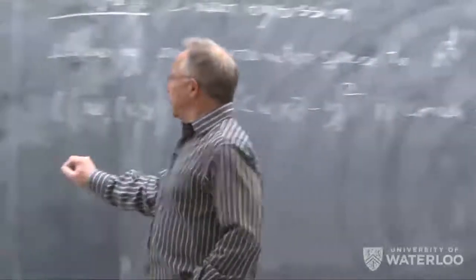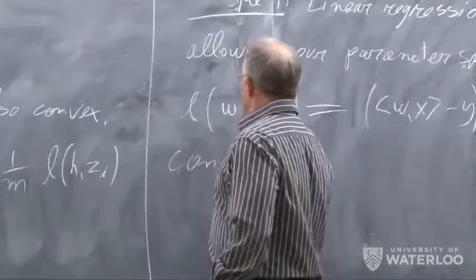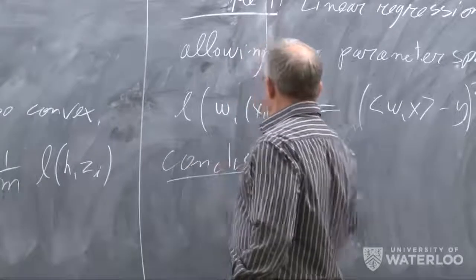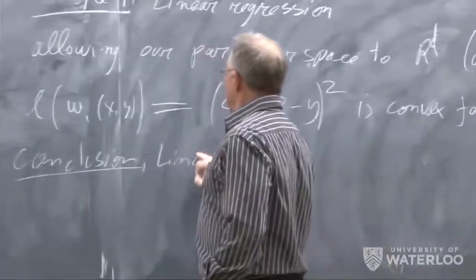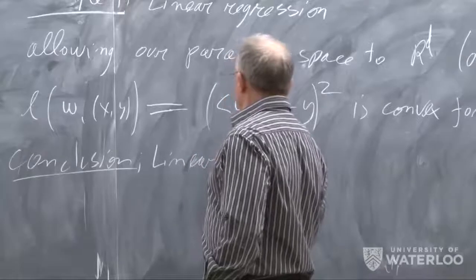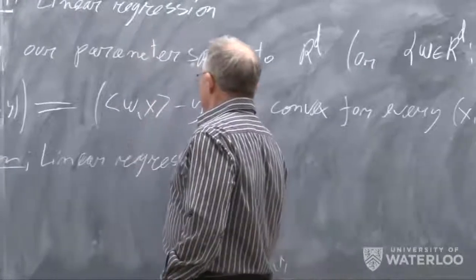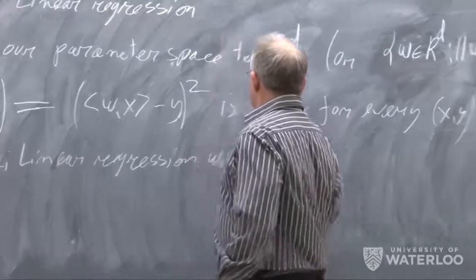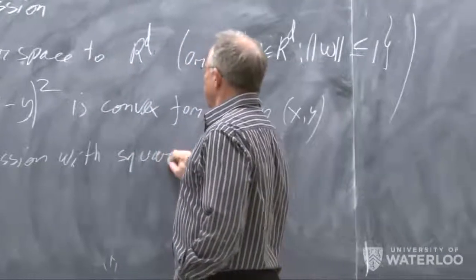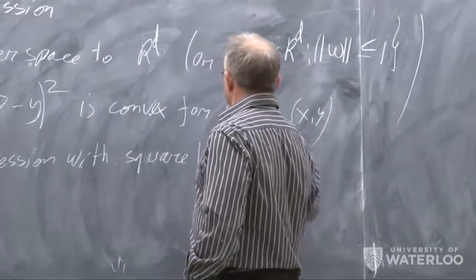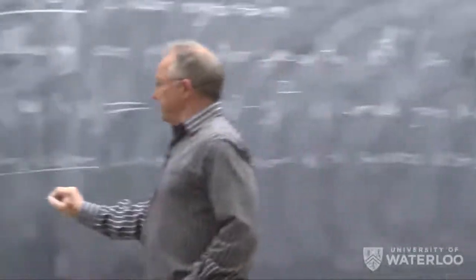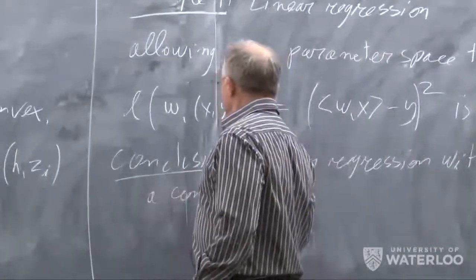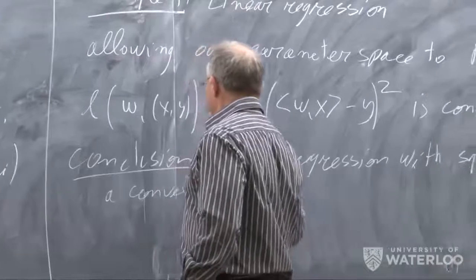So the conclusion is linear regression with square loss is a convex problem, a convex learning problem.